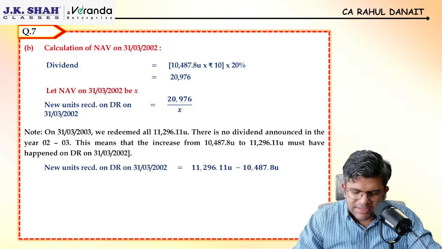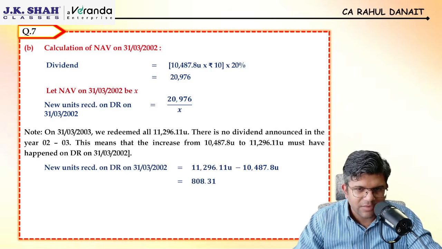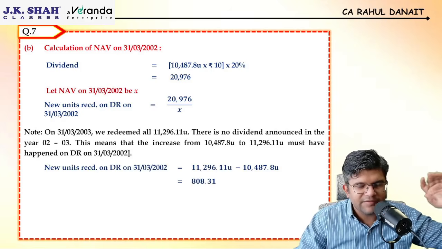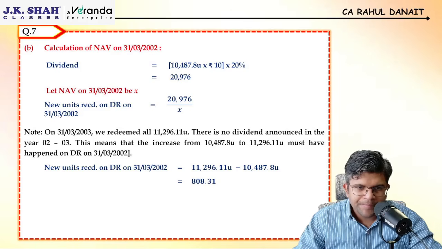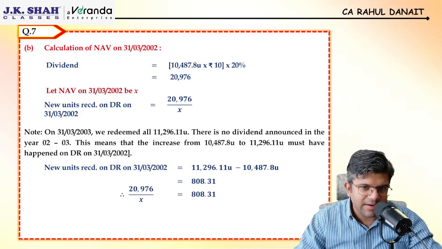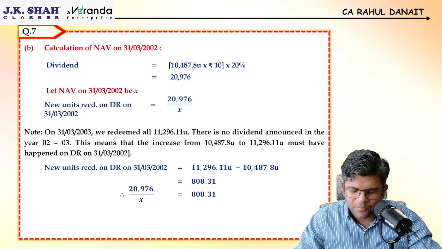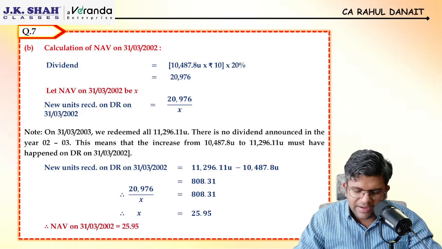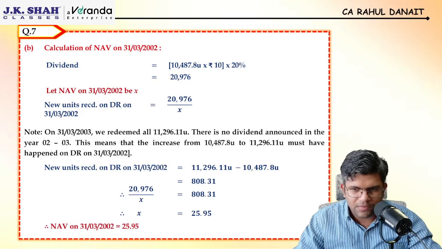So new units received on dividend reinvestment must have been 808.31, from 10,487 to 11,296. So you know that the new units received are 20,976 divided by X. I equate it to 808.31 and I get the NAV on 31/3/2002. Okay, please copy.